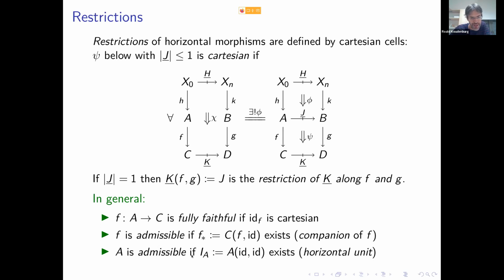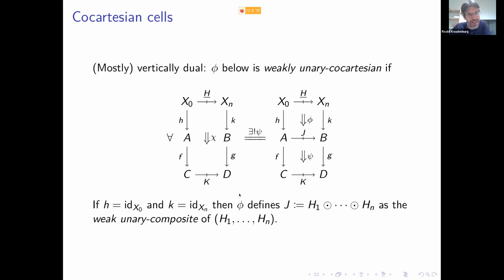And another thing, if you're used to virtual double categories, horizontal units there are usually defined using co-Cartesian cells. Here they are defined by a Cartesian cell. They can also be equivalently defined by a co-Cartesian cell. So in augmented virtual double categories, you can define them in both ways. They are equivalent. So that's restrictions and Cartesian cells.